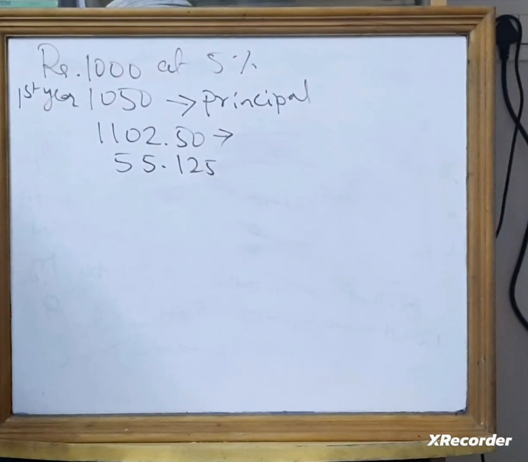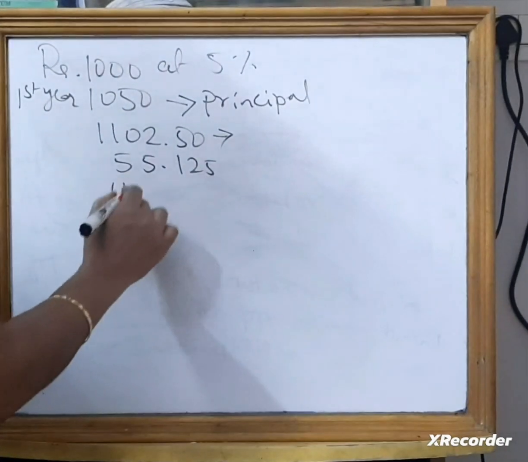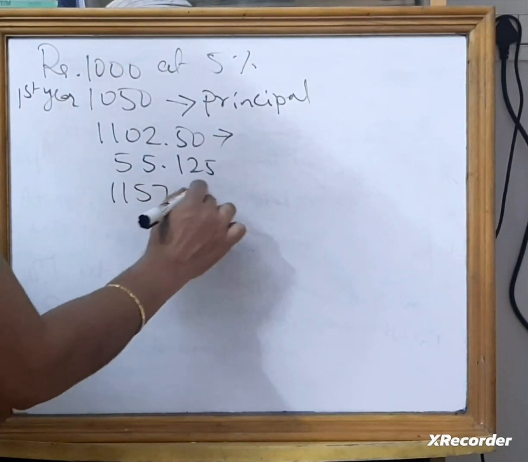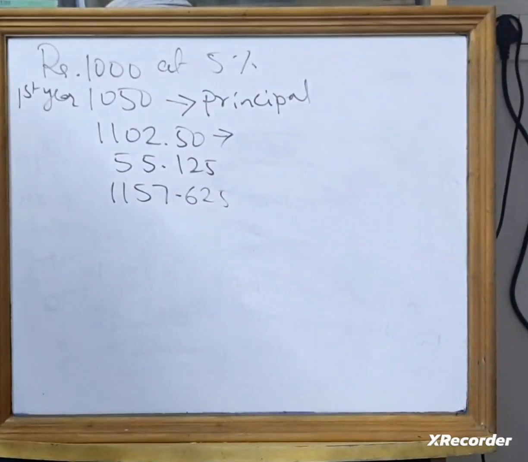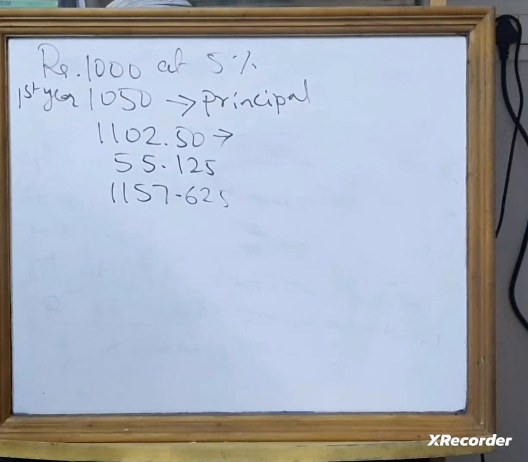The total appearing in his account would be rupees 1157.625. This compounding procedure will continue for an indefinite number of years.